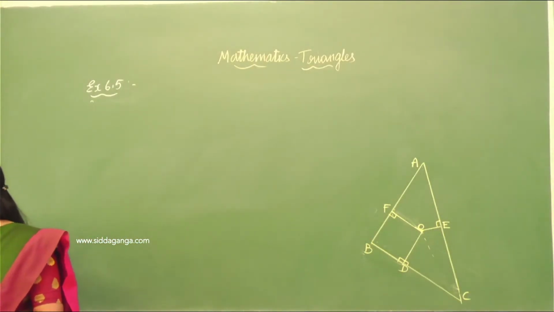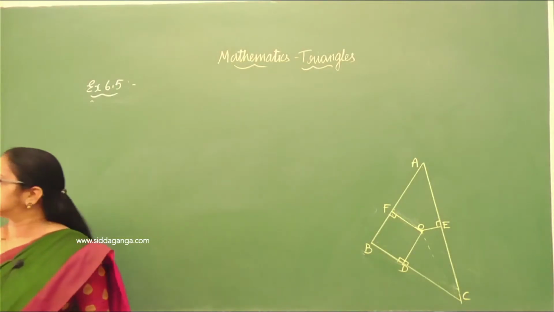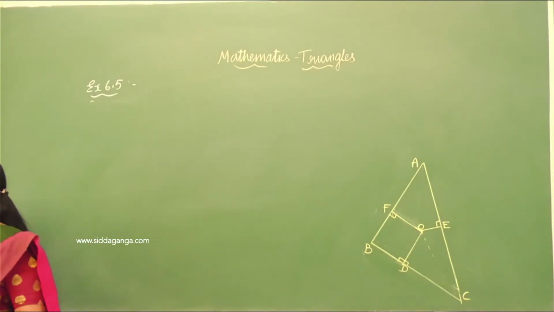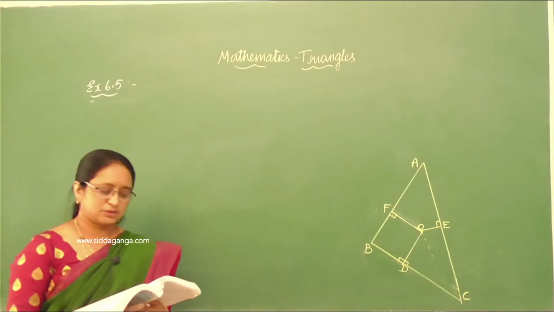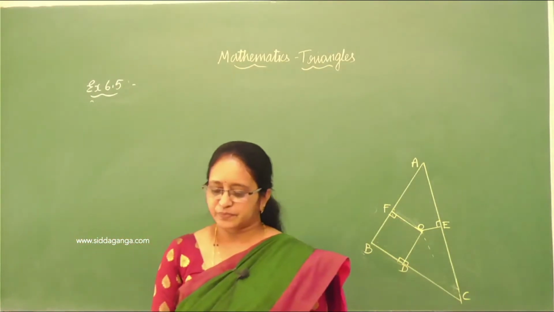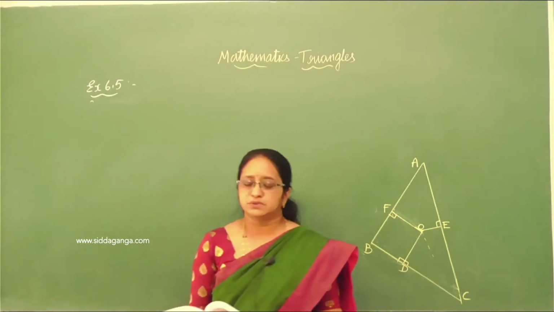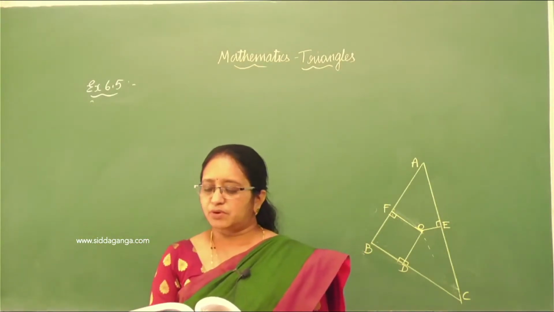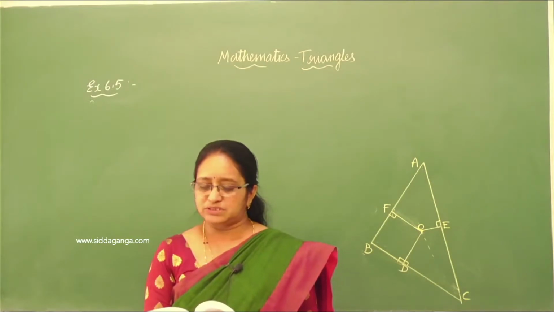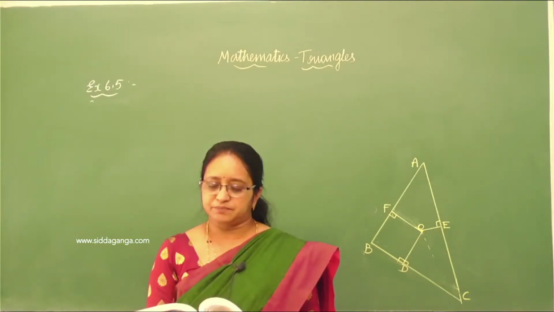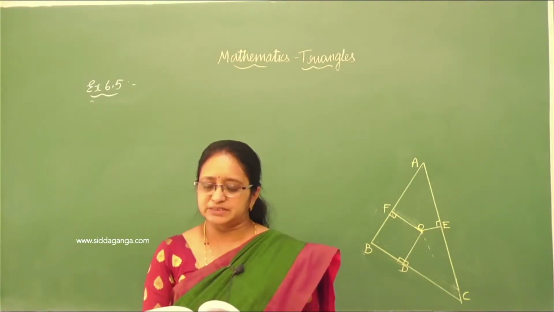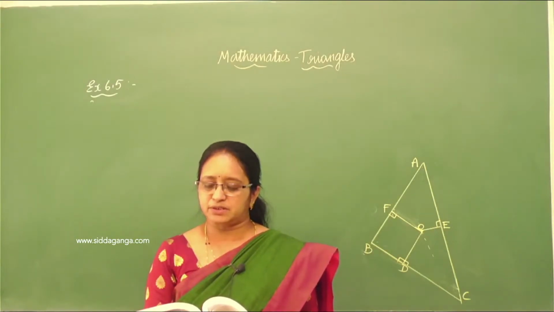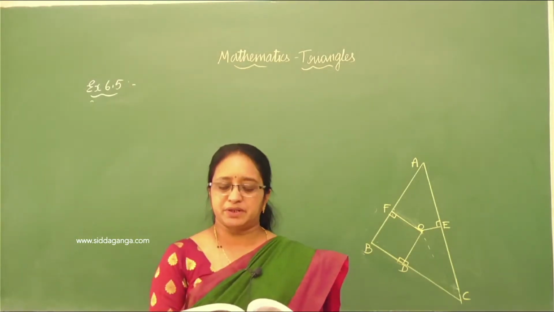Now, next one. Next question, I'll just read out. In the figure, please observe the figure carefully. In the figure, O is a point in the interior of a triangle ABC. OD is perpendicular to BC, OE is perpendicular to AC, and OF is perpendicular to AB.